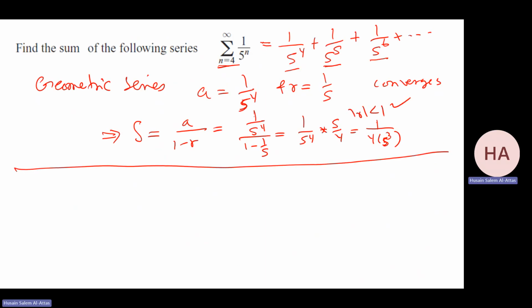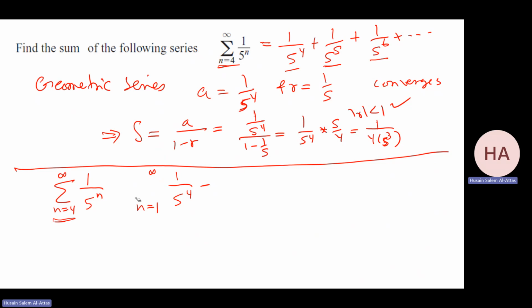How to do that? You have summation n equal 4 to infinity, 1 over 5 to the power n. I want this to be n equal 1.